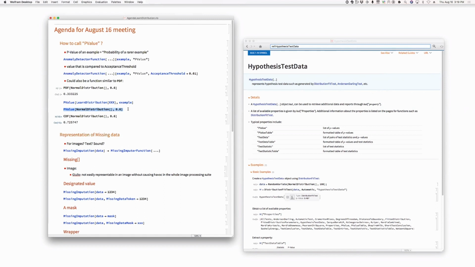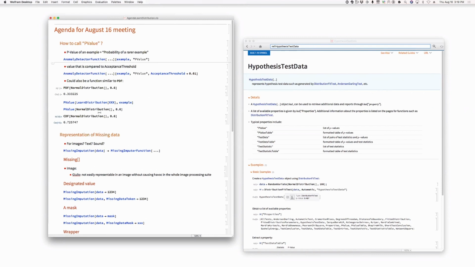So there is some hypothesis. What are you asking for, really? Yeah, fair enough. Are you asking that your normally distributed variable is greater than 0.6, smaller than 0.6, or equal to 0.6?